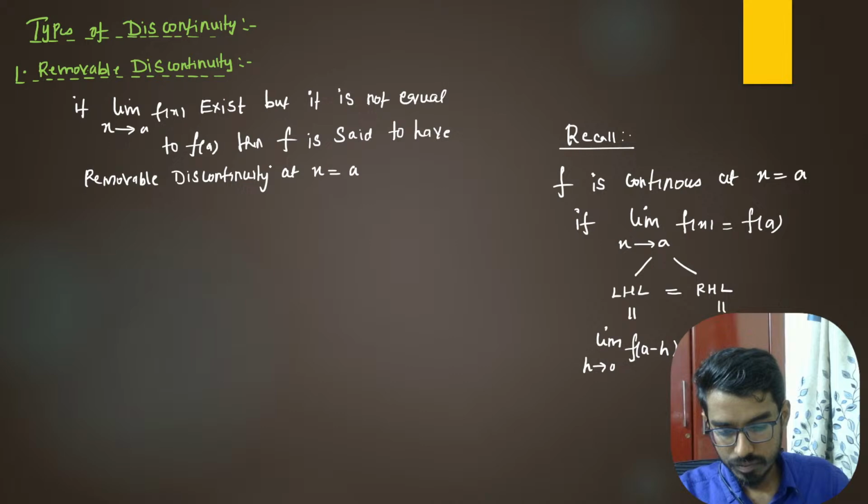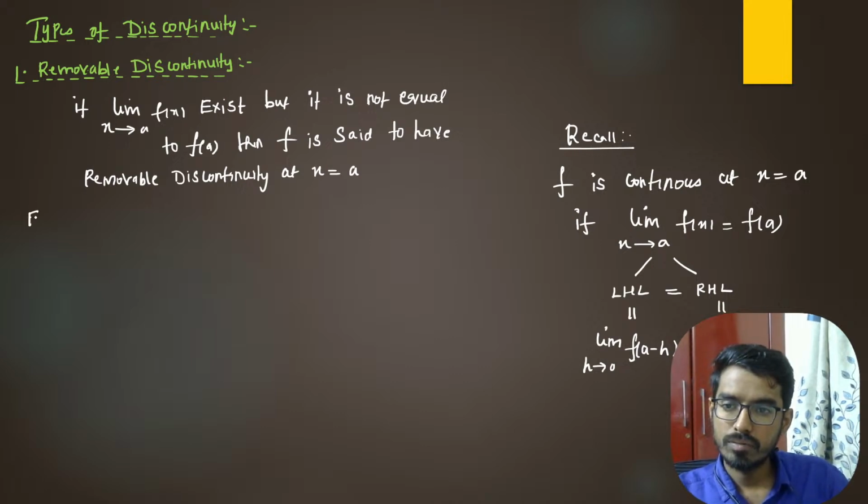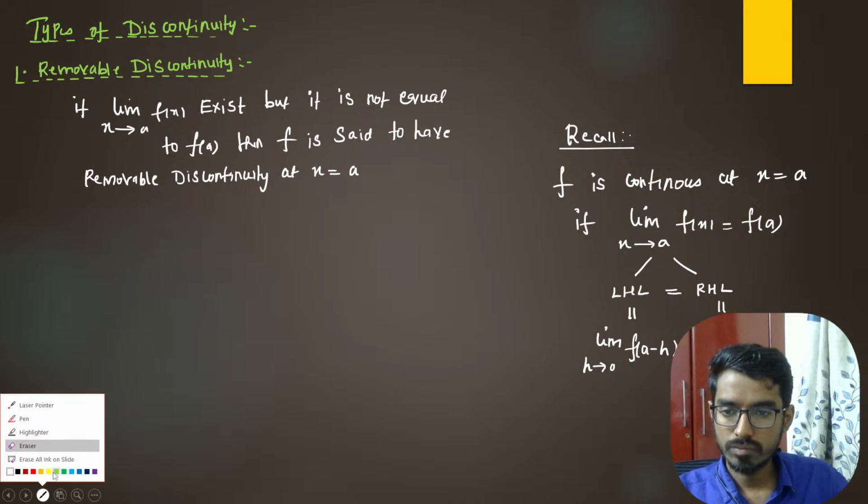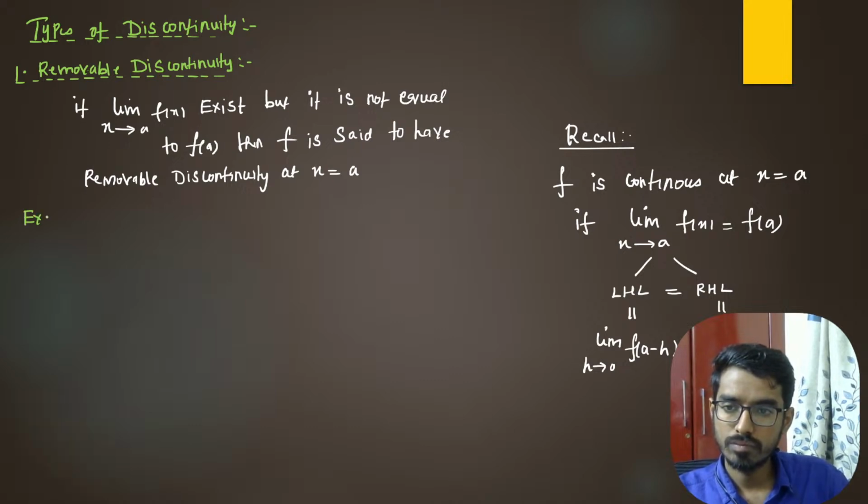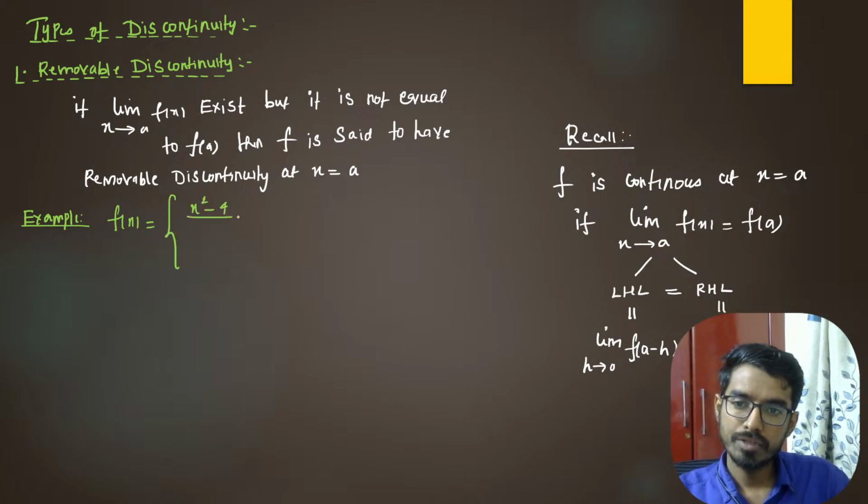Example: consider the function f of x equal to x square minus 4 by x minus 2 when x is not equal to 2, and they are defining this to be 4 when x is equal to 2.